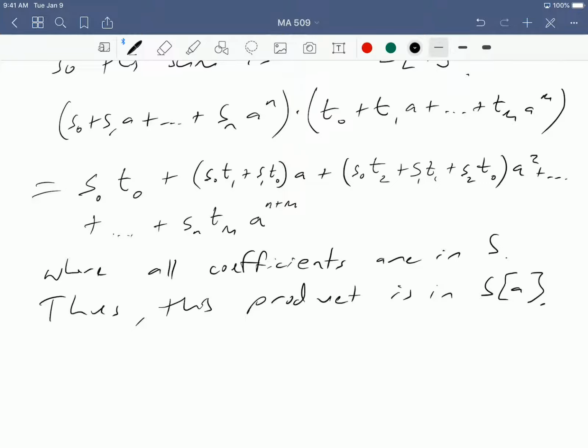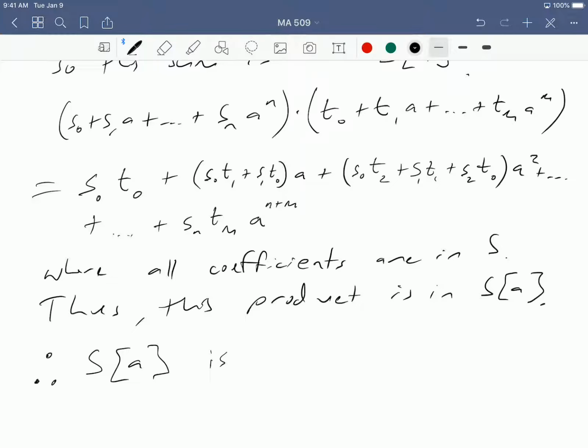We showed that S adjoin A is closed under addition and multiplication. That's these last two we did. We showed that 1 is in there, and we showed that additive inverses are in there.